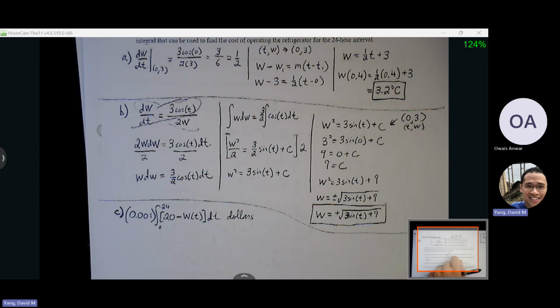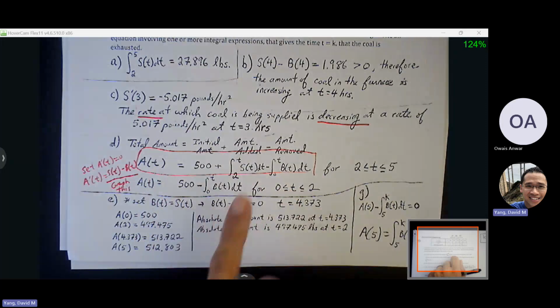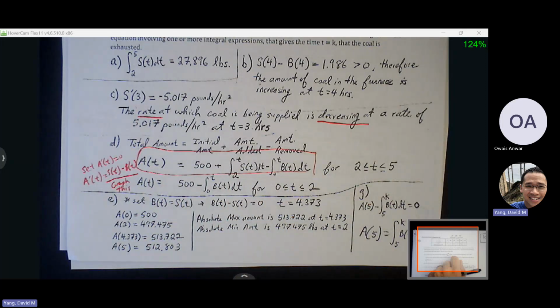Any other questions? Did you go piecewise on the second FRQ? The reason this is piecewise is because S of t and B of t are staggered. They're not both working at the same time.